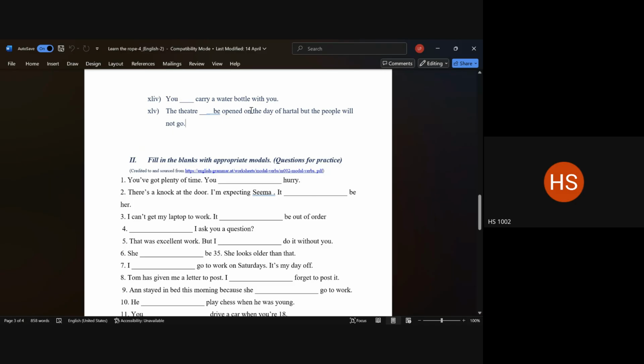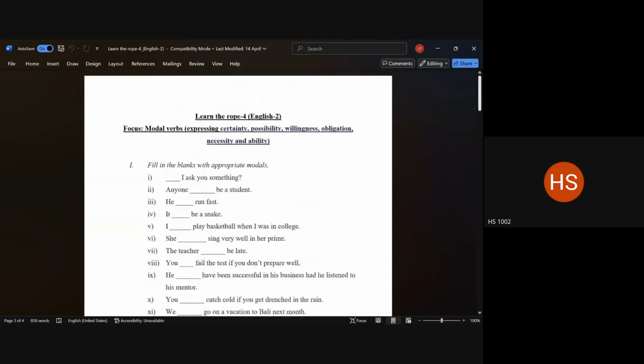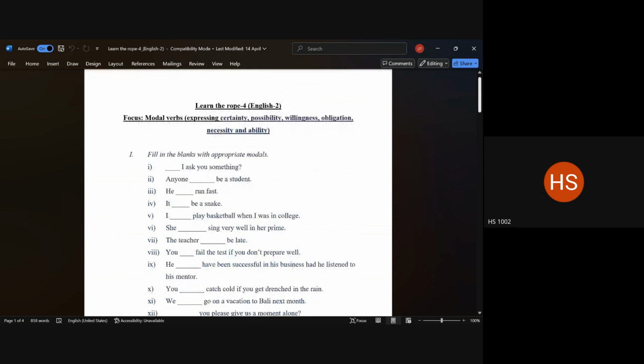So this exercise, which you will look up yourself, should have some use of semi-modals. But the one that I curated, I don't think has anything actively encoded for semi-modals. However, don't be surprised if some blanks take semi-modal verbs. So that is about the exercises.